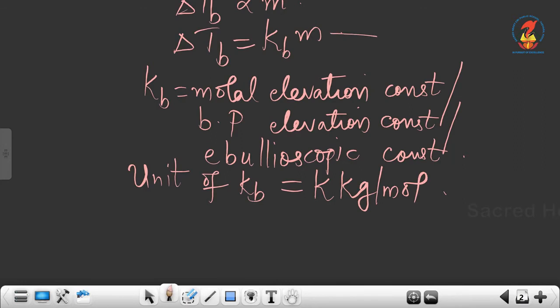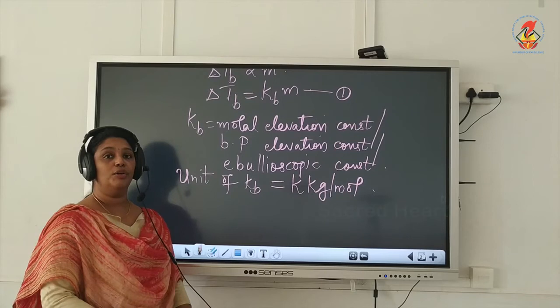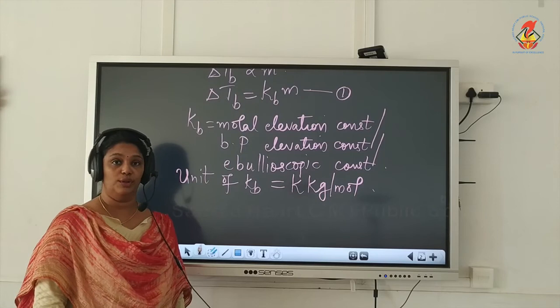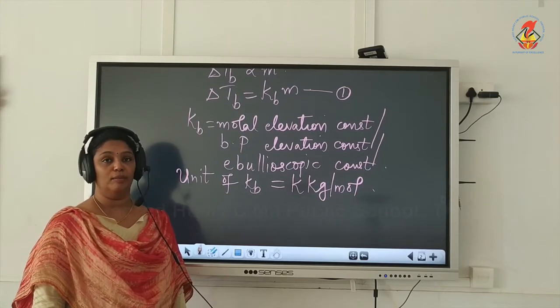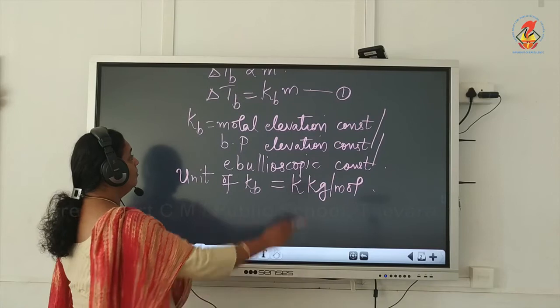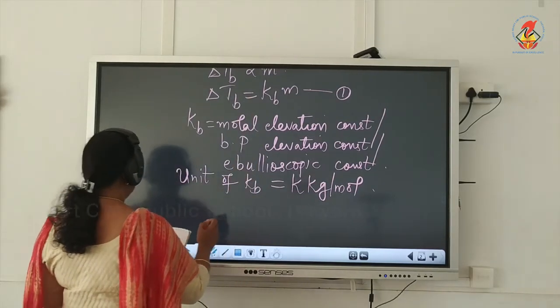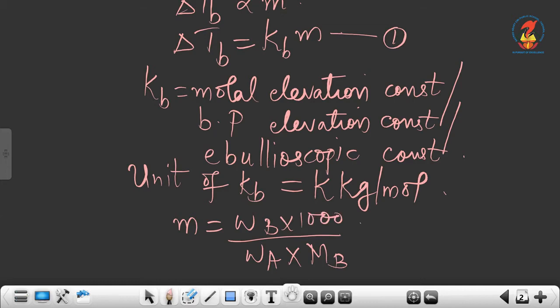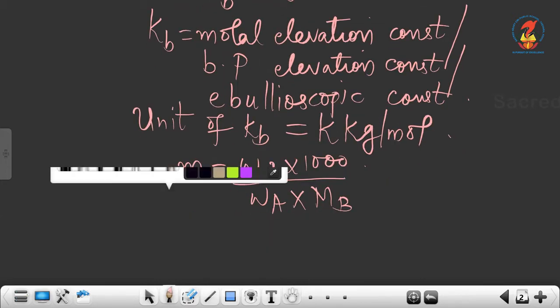Now, I am going to give this expression number 1: delta TB is equal to Kb into small m. Next, I am going to substitute for molality, small m. You know that molality is the number of moles of solute dissolved in 1 kilogram of solvent. So molality m is equal to Wb divided by Wa into Mb into 1000. 1000 is written when the mass of solvent is given in grams.